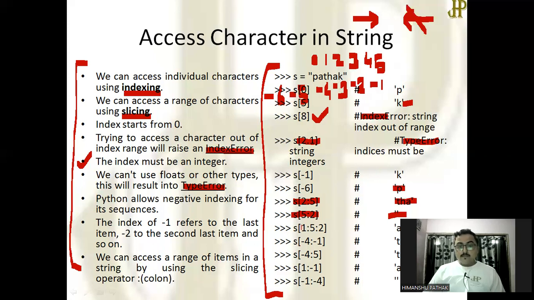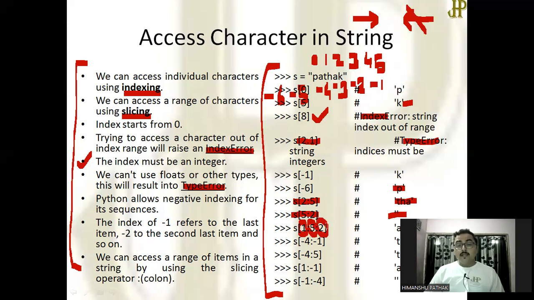Again, we can also give the value of increment or decrement, how many steps you want to ignore. So here I have given the starting value 1, the ending position 5, and move on 2. What does it mean?